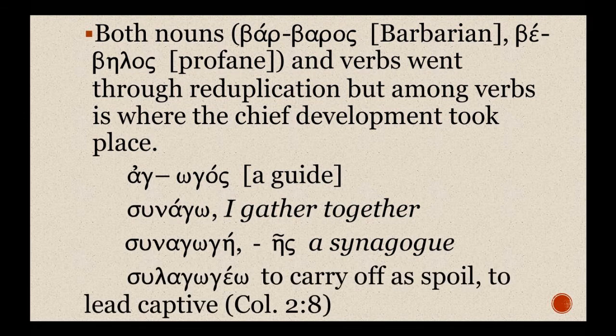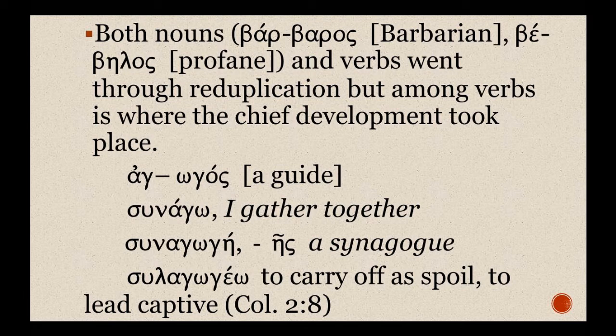So here's an interesting one, Colossians 2:8. This is to carry off as spoil or to lead captive. Here is sulagogeo. Now some would think that this is the preposition syn, but it's not. Because if it was, and this is our stem right here, then this would be sunagogeo.